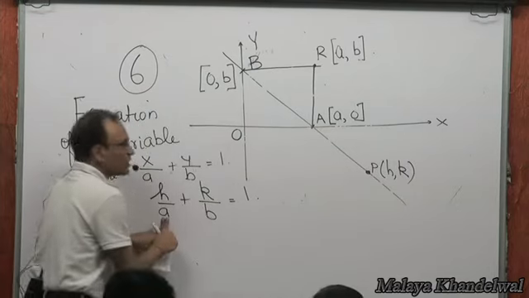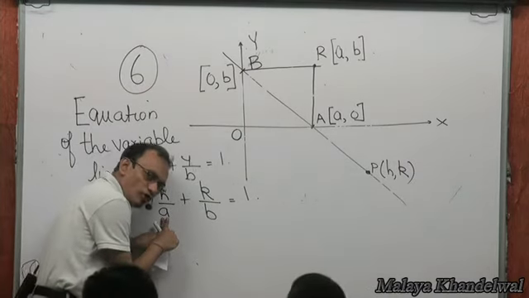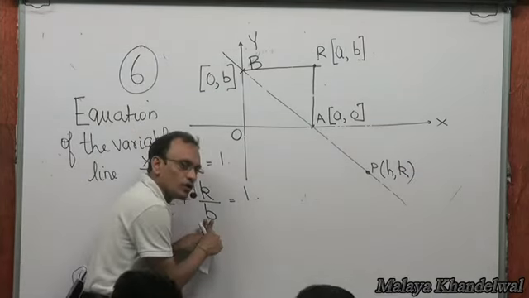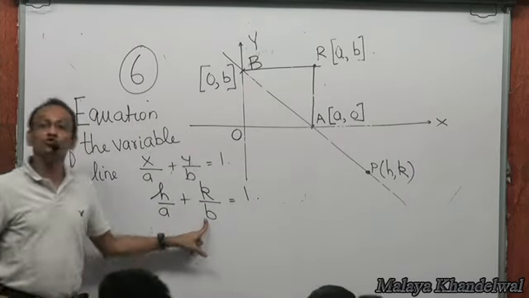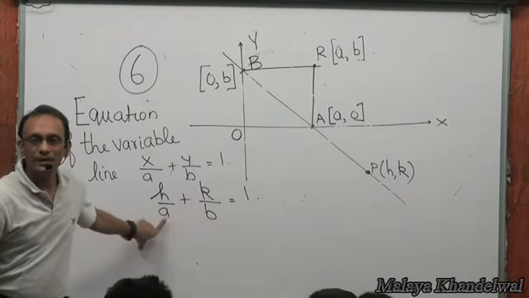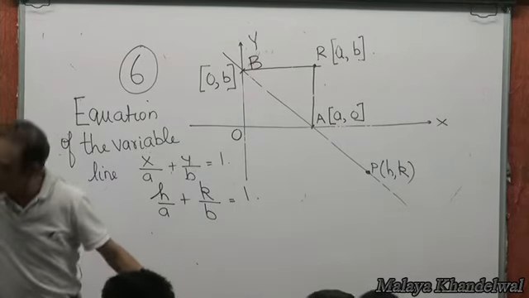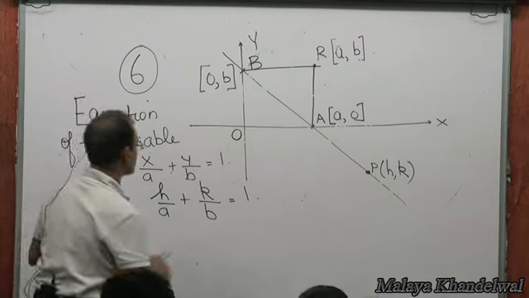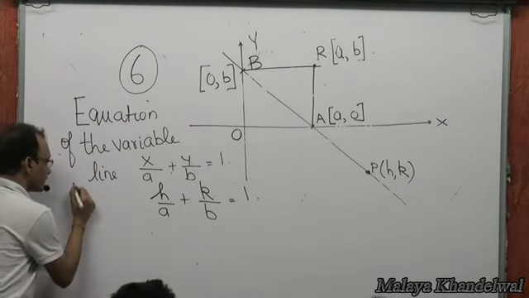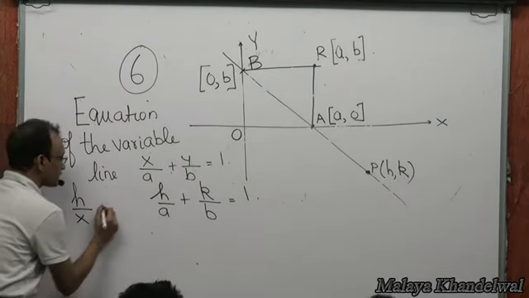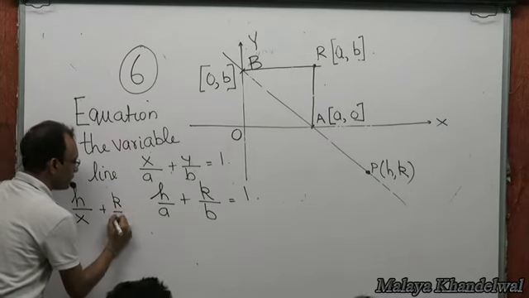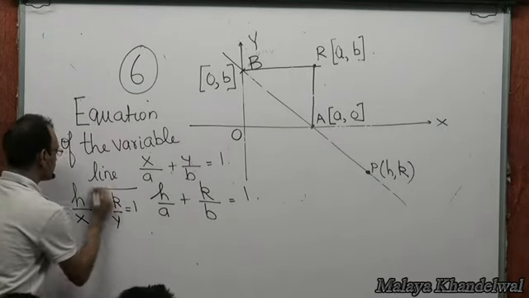This is a relationship connecting the X coordinate A of R with the Y coordinate B of R. So do we not generalize? Replace A by X, the X coordinate of R, B by Y, the Y coordinate of R. So generalize matters here. H by X plus K by Y equal to 1.